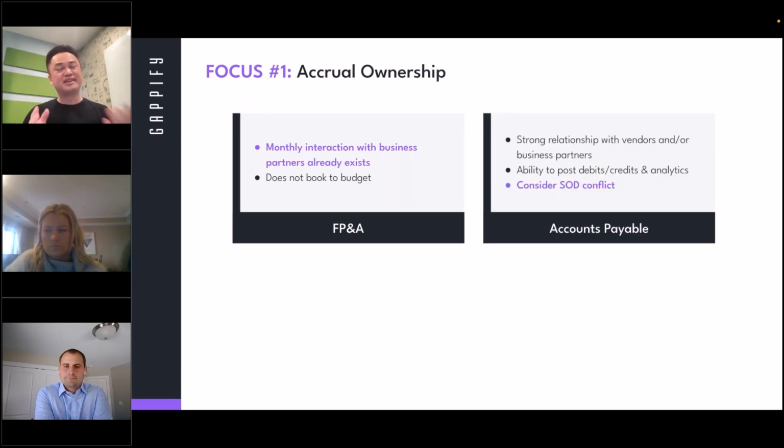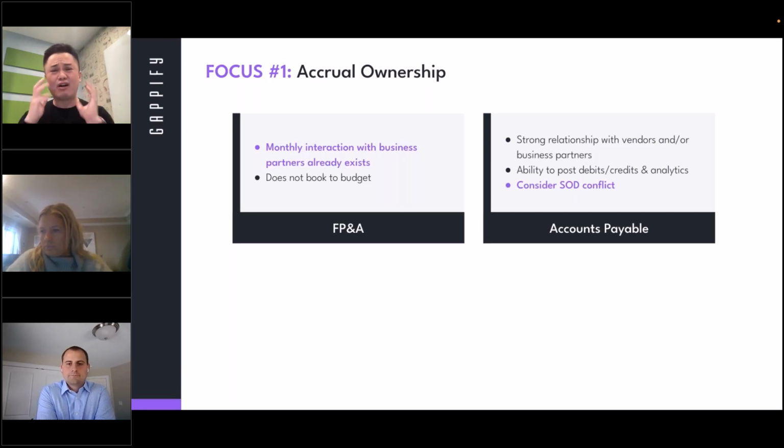In some cases, we have accounts payable owning the process, and we see a pretty good mix. With accounts payable specifically, I see that being very effective when your AP team has very strong relationships with your CROs or different types of vendors.